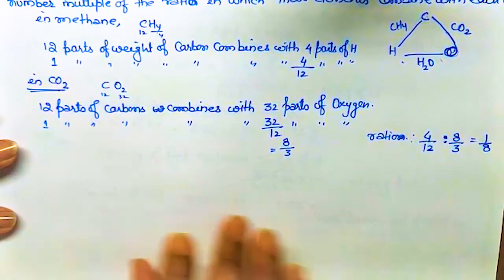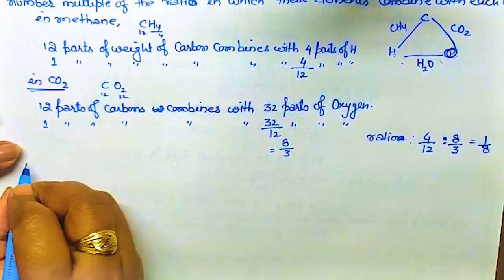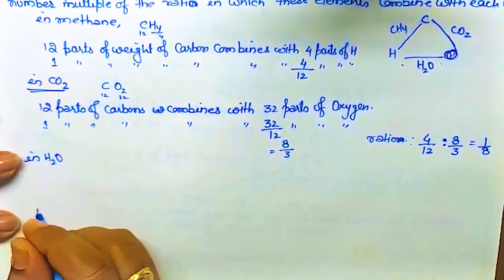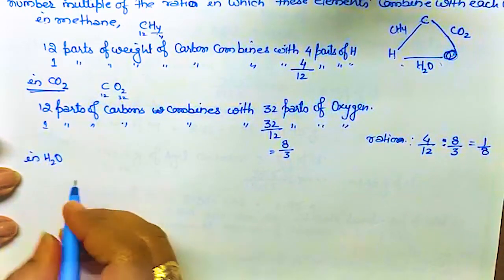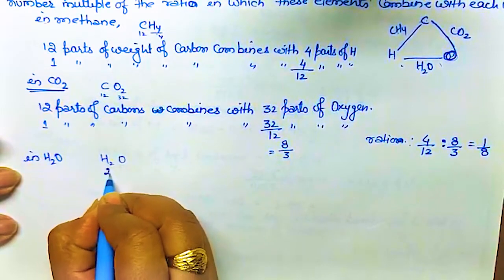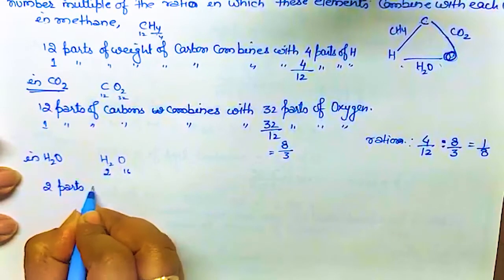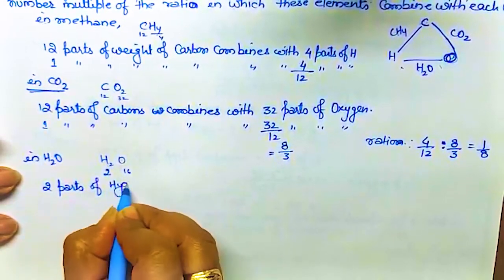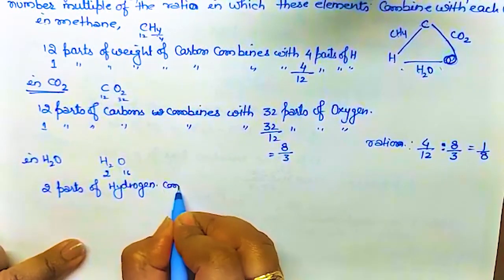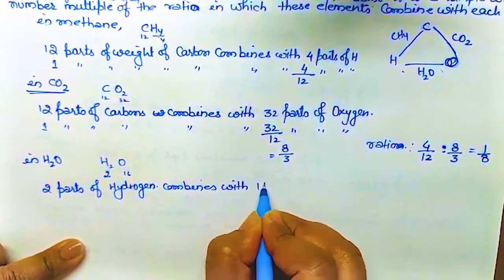So now if we talk about another one, like in H2O, if we find, so what it will be? This is hydrogen and oxygen, so here we can say 2 and here it is 16. So 2 parts of hydrogen combines with 16 parts of oxygen.